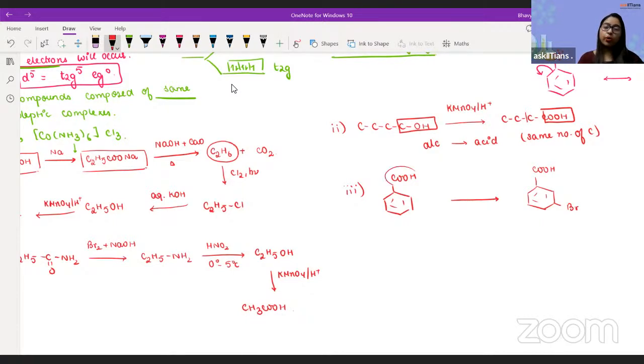Now I know that COOH is a meta-directing group. Since COOH is a meta-directing group, what will I do? I will simply add bromine in the presence of acetic acid or CCl4 to get this. Normally, for this reaction, I'm not going to use a Lewis acid.